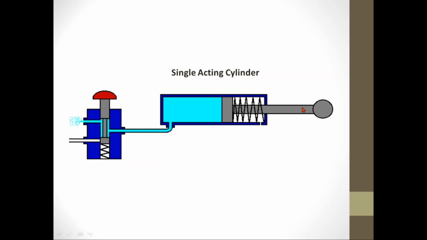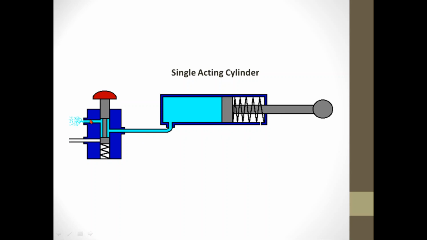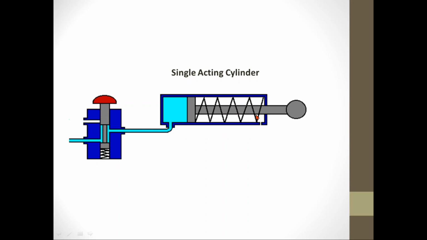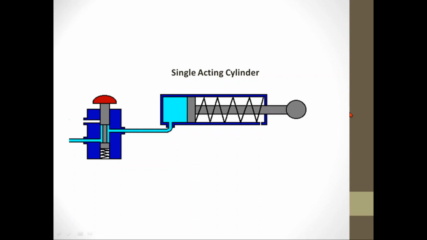Try to observe what happens to the air when the cylinder retracts. The air here will be exhausted to this point, released by means of the retraction of the piston rod with its spring mechanism.